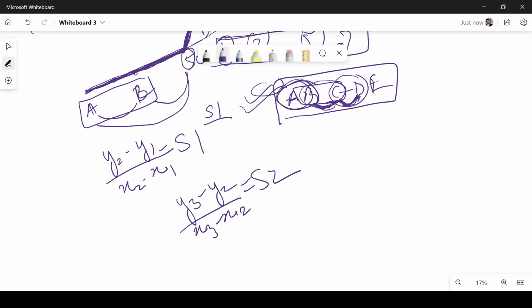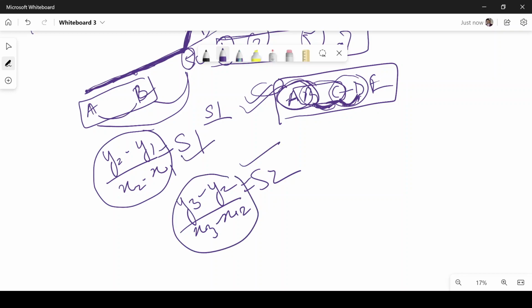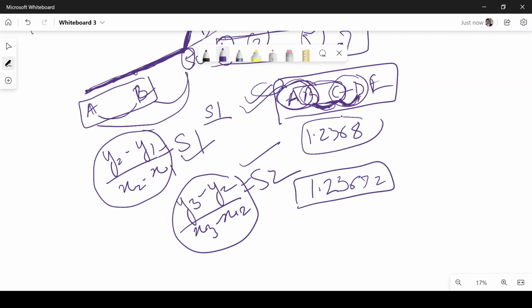What will happen is this could be a non-integer value, right? So probably we'll take a double in this case. Because of precision errors, suppose the first slope is 1.2368, something like this, and the second slope is 1.23672, something like this, right? If there is a simple precision error, then our count can vary, because we are dealing in double.